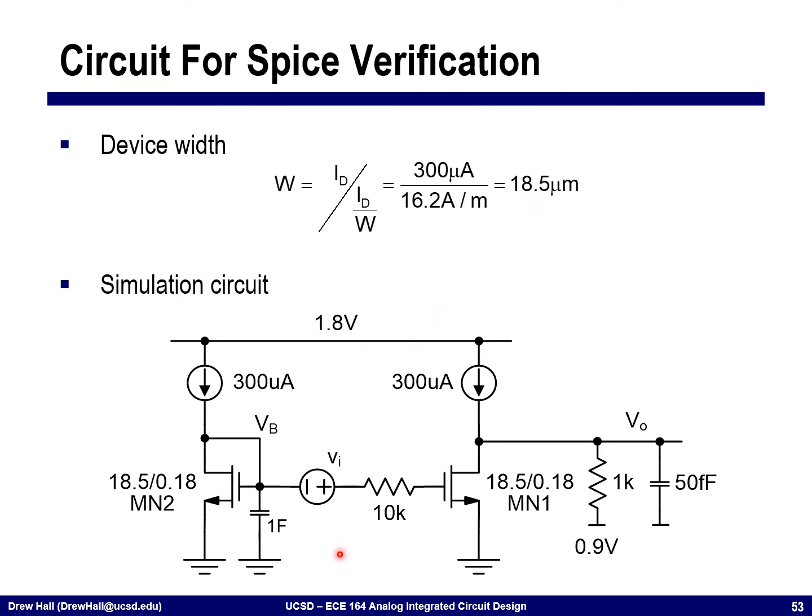Now when I'm setting up my simulation circuit, I'm going to use replica biasing in order to bias up the DC voltage of this. What that means is that I'm going to take a replica of this node here, putting 300 microamps, diode connecting this transistor with the same W, the same L, and then using this to bias up the actual amplifier.